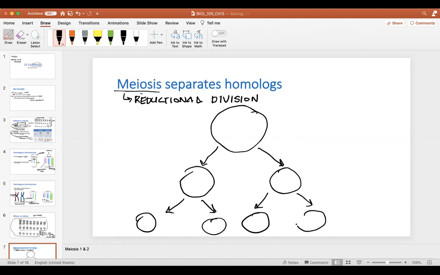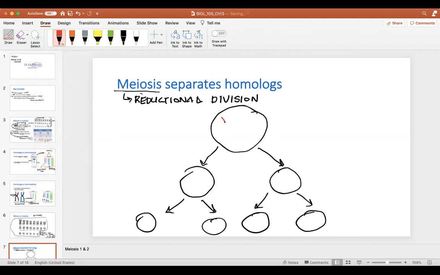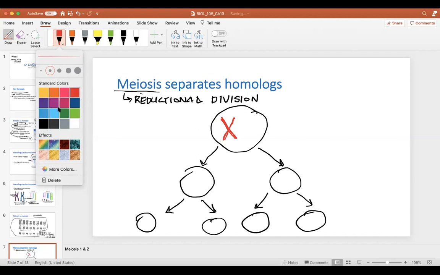Now let's insert some chromosomes. And what I'm going to do is make the maternal chromosome red, because that's what your book does. And I'm going to make the paternal chromosome blue.